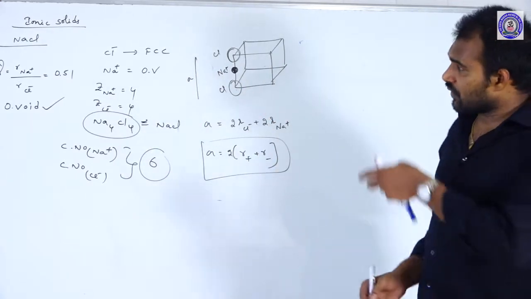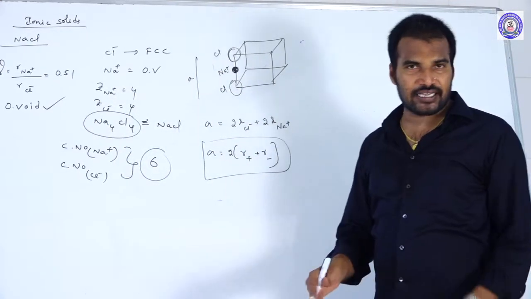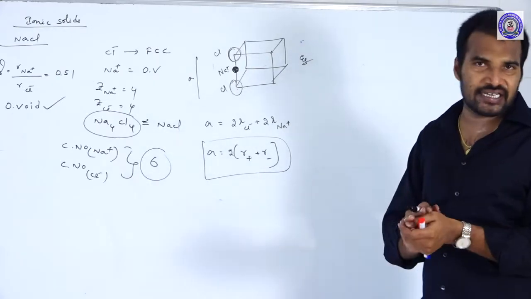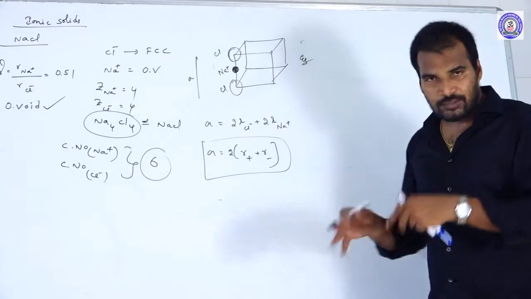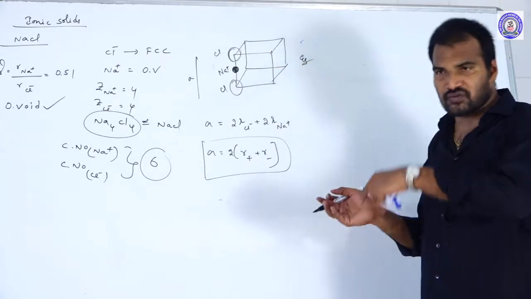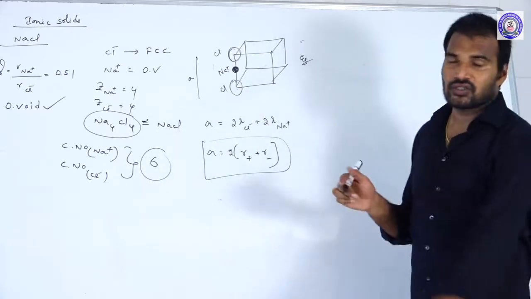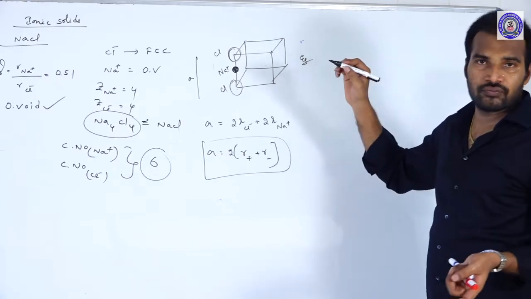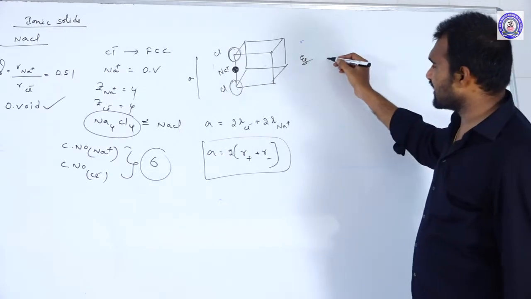Remember that. Like the NaCl crystal, some other salts have the same arrangement. What are the other examples showing the same crystal lattice? Along with NaCl, the halides of 1A group elements except cesium chloride.